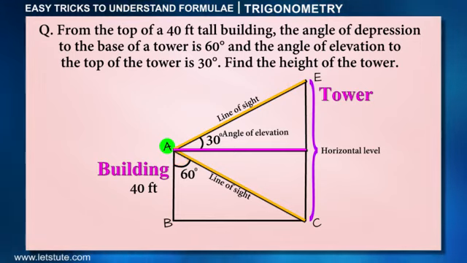And we have learned that the angle formed between the horizontal level and line of sight is called the angle of depression. So this angle will be the angle of depression, that is 60 degrees, right?